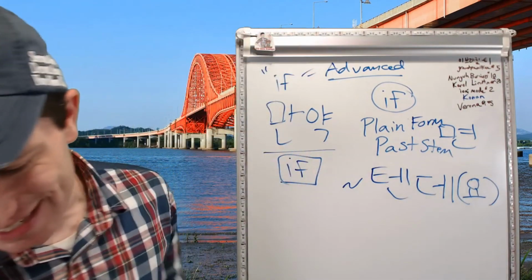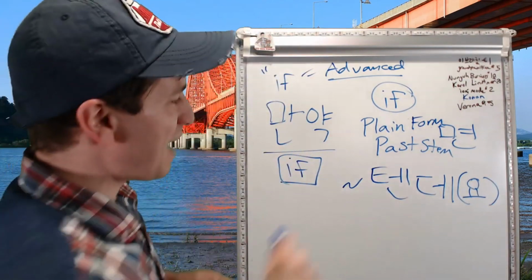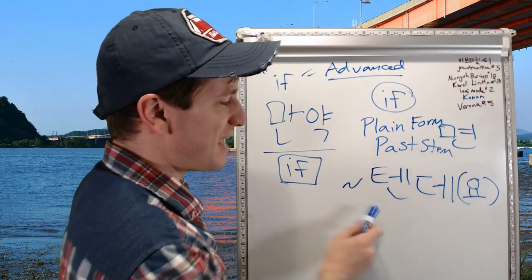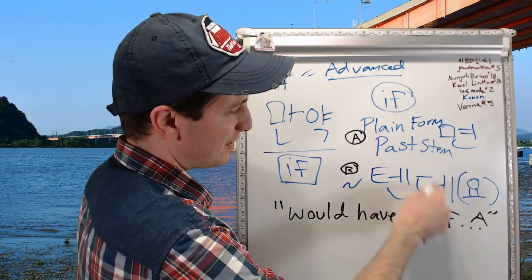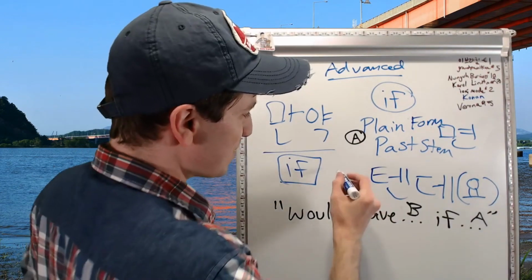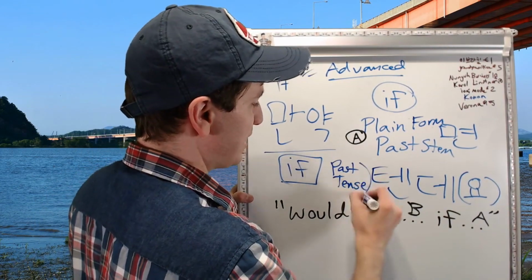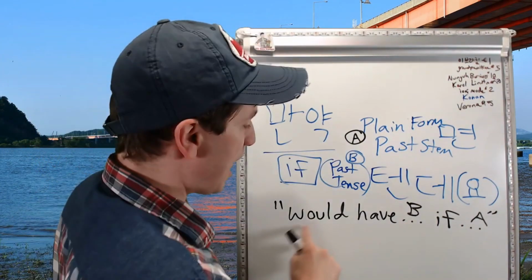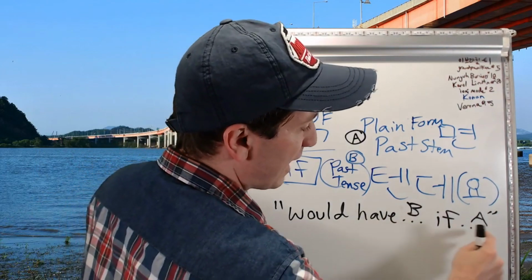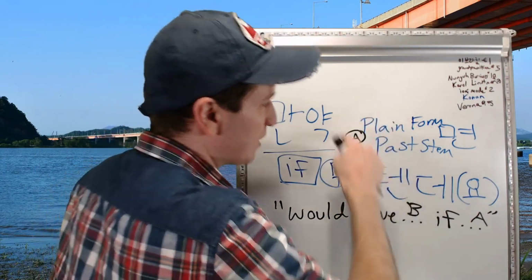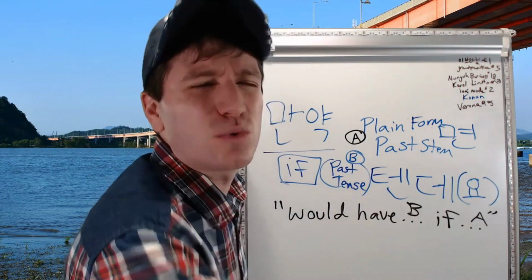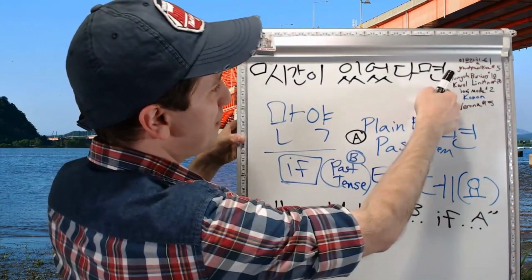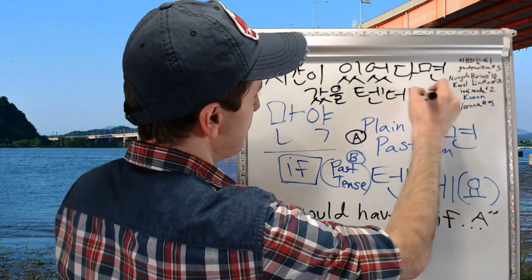What this means is, if something had happened, then something else would have happened. So would have done this, 텐데요, if B had done this. This is also past tense with 텐데. So you could say something like this: I would have gone if I had time. If someone had done something, well, then I assume I would have done this, or I assume this would have happened. 만약 시간이 있었다면 갔을 텐데, or 갔을 텐데요.